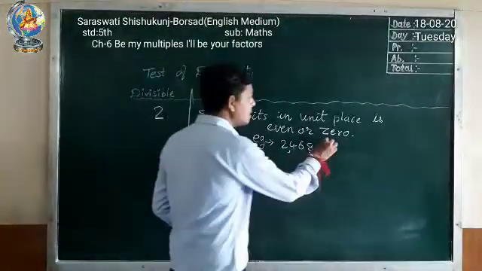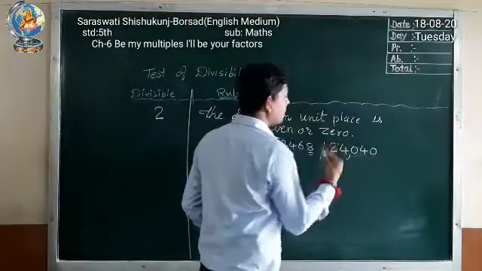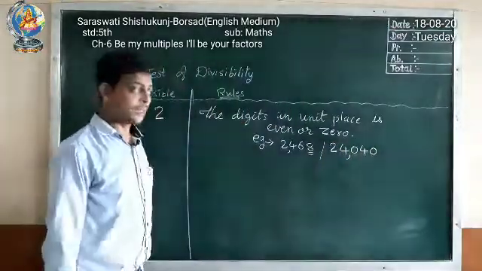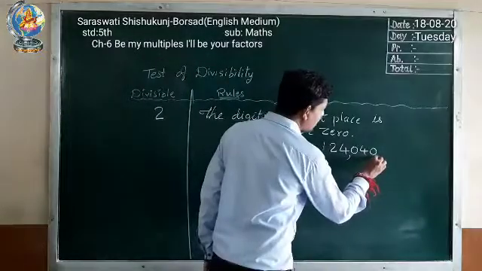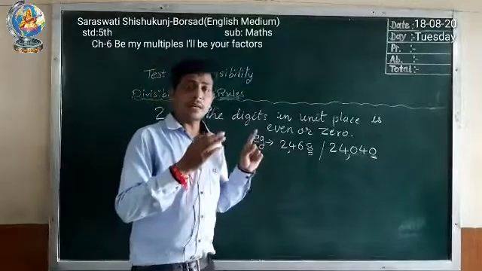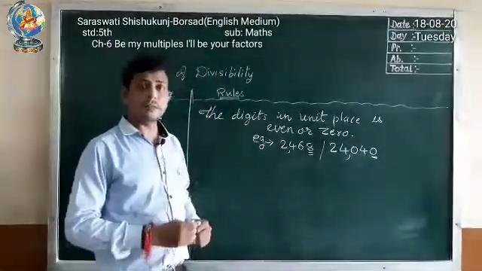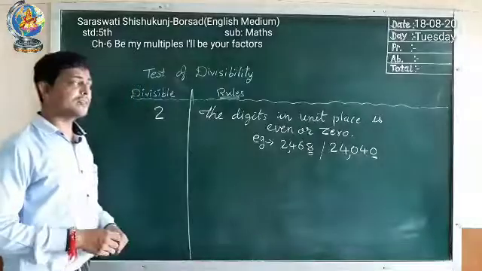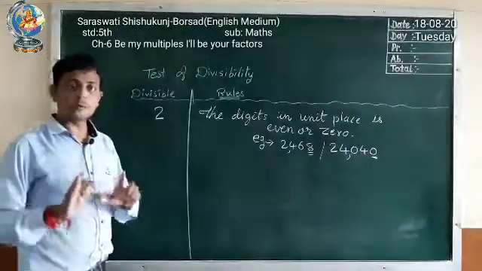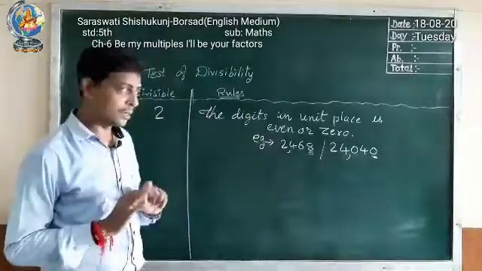If I write another number, 24,040, here you can see the unit place is 0. So if the unit place value is 0 or an even number, then the number is divisible by 2. Hope you have understood the rule of 2.